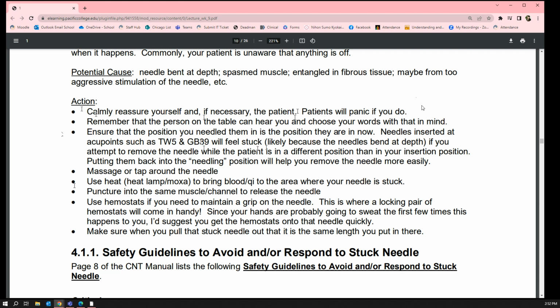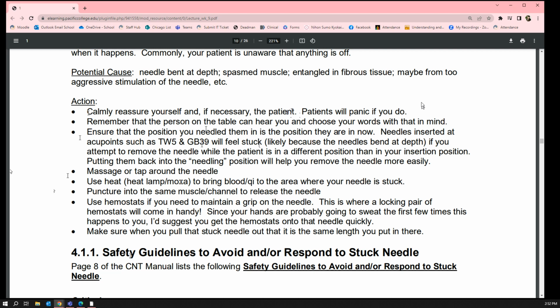You can use a heat lamp or moxa to bring blood and chi to the area, get things moving. You can puncture into the same muscle or into the same channel further down the line to help release the needle. And if none of these things work, you can use your hemostats to maintain a grip on the needle to give yourself a little bit more leverage.